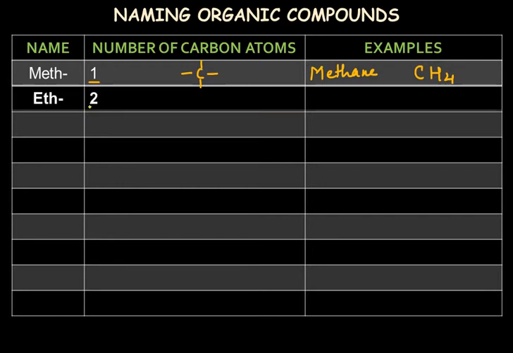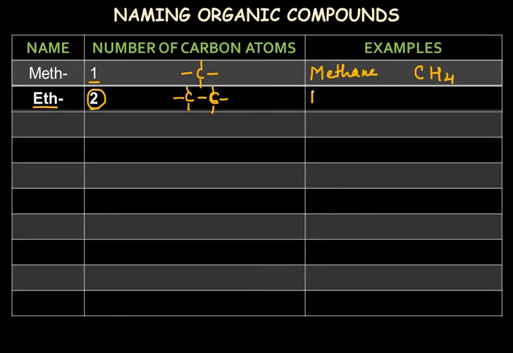If the organic compound carries 2 carbon atoms, then the starting of the name should be eth. So there are 2 carbon atoms in the longest chain of the organic compound. Obviously, the 2 carbon atoms are bonded to other atoms also, like hydrogen, oxygen, nitrogen, etc. But the longest chain has a maximum of 2 carbon atoms, and it starts with eth.